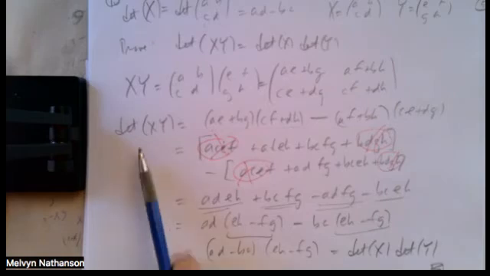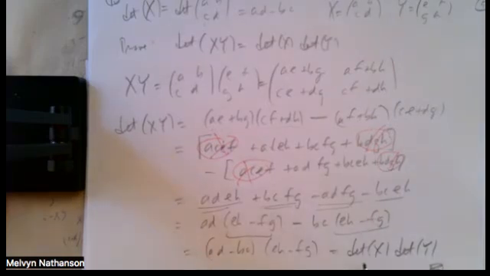This is the determinant of X. And the determinant of Y is EH minus FG. So I've just proved what I wanted to prove. The determinant of XY is the determinant of X times the determinant of Y.